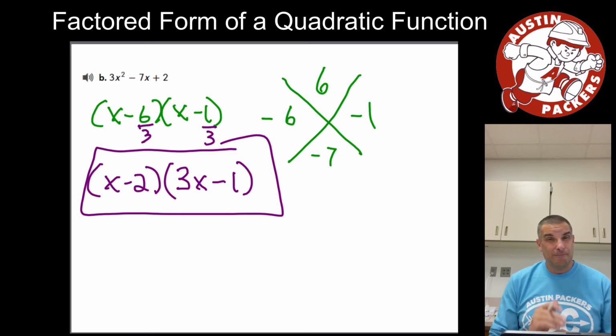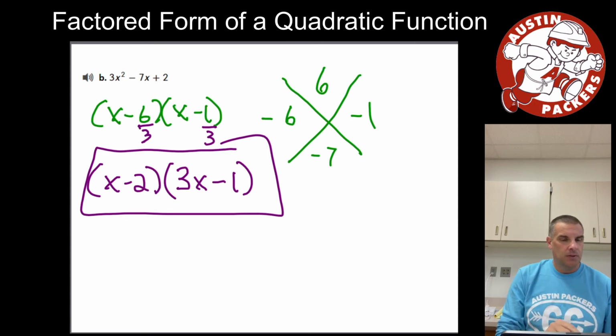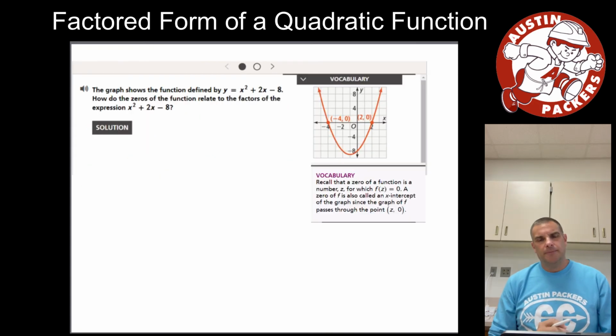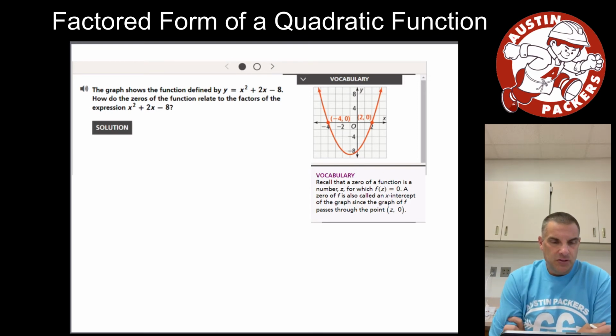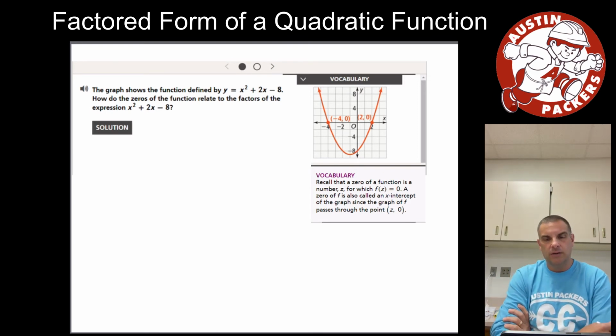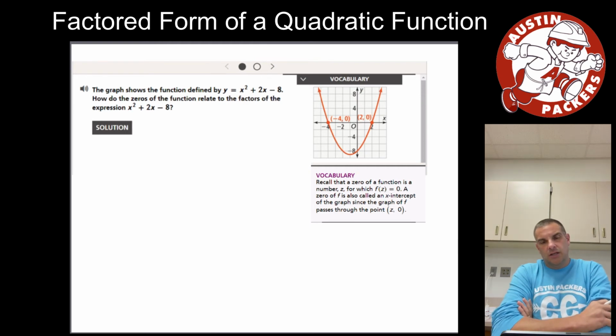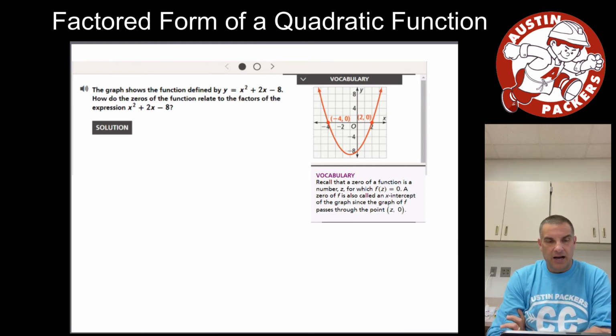Why does this work? You're going to find out right now. Because what are we actually finding? All right, so the zeros. The graph shows the function defined by y equals x squared plus 2x minus 8. How do the zeros of this function relate to the factors of the expression?